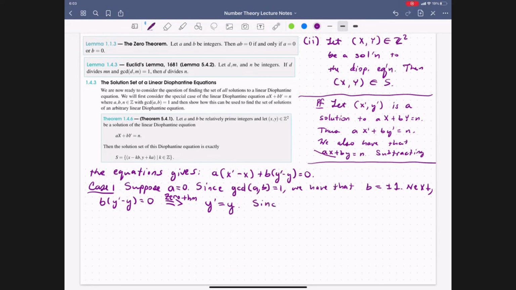Since b is equal to plus or minus 1, and x prime is, actually, let's not use the word arbitrary here. We can find, since b is equal to plus or minus 1, an integer k such that x prime is equal to x minus kb.